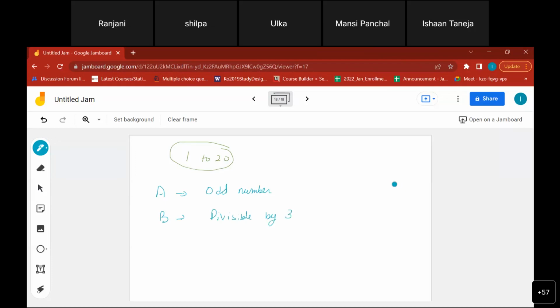And event C is that the selected number is divisible by 5. So what is the probability that all my 3 events occur? Probability of all 3 events occurring. How many numbers are we choosing? Only one we are choosing. Just try it. Probability of A intersection B intersection C.